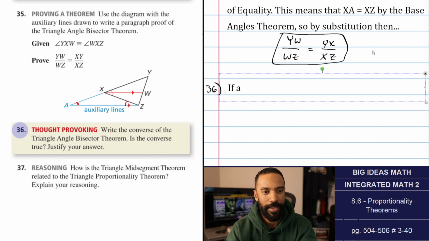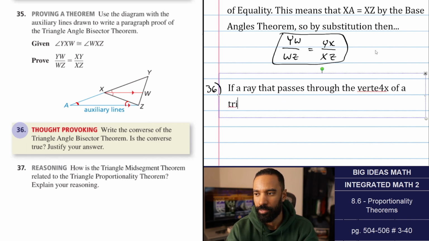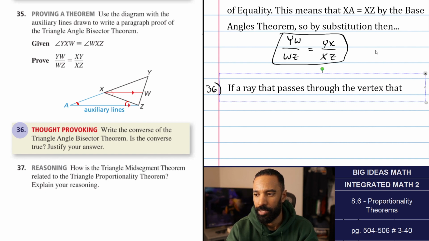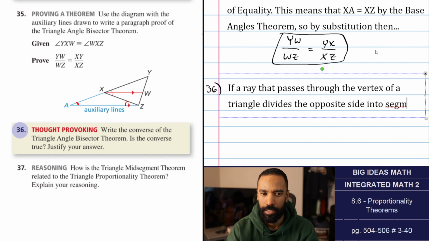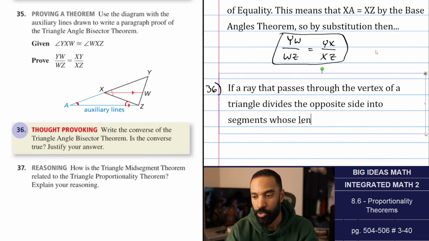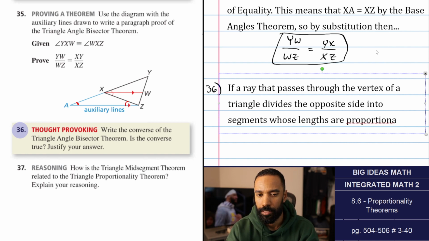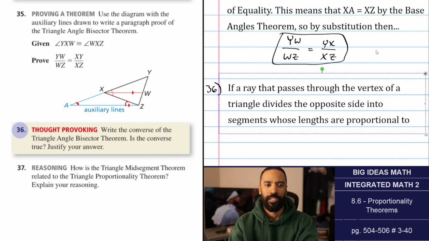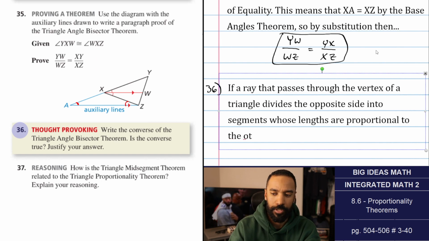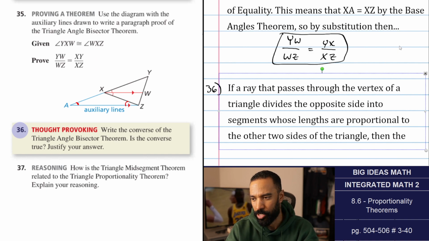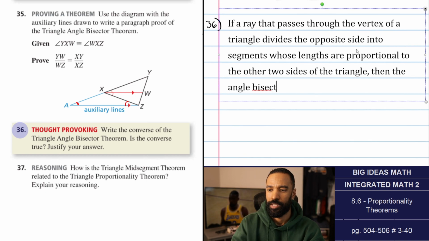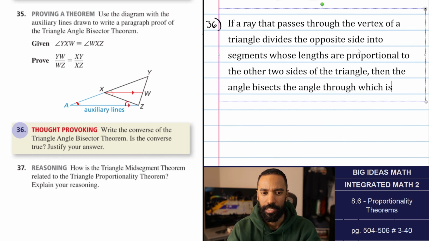So the way I'd say this is: if a ray that passes through the vertex of a triangle divides the opposite side into segments, and those lengths are proportional to the other two sides of the triangle, then the ray bisects the angle through which it passes.